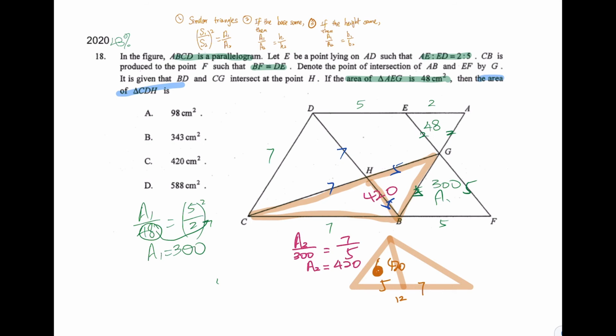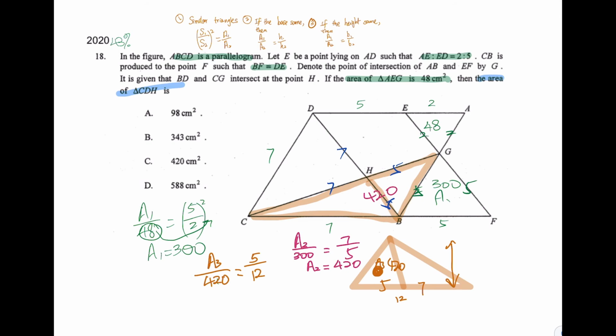So this, let's say it's A3, the third area ratio is the base ratio because their height is same. We are using 12 because we are using the big triangle. This big triangle is also having the same height. They are all having the same height, okay? If same height, then the area ratio is the base ratio.